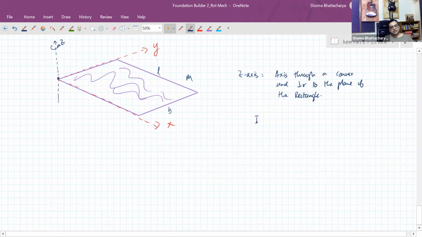So we can calculate Iz as the sum of Ix plus Iy, because obviously these are all mutually perpendicular axes. Right? Now Ix over here will become MB square by 3 because it's this edge. Iy will become ML square by 3. So Iz will become M by 3 into L square plus B square.